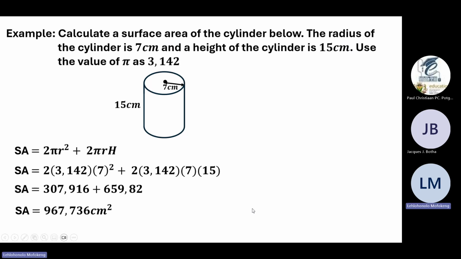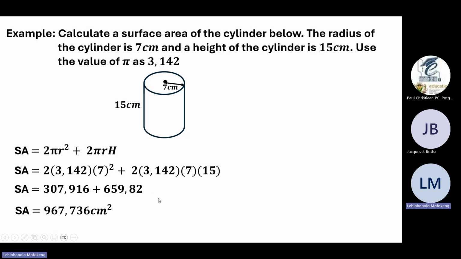Then added together, they will give us a surface area of 967.736.